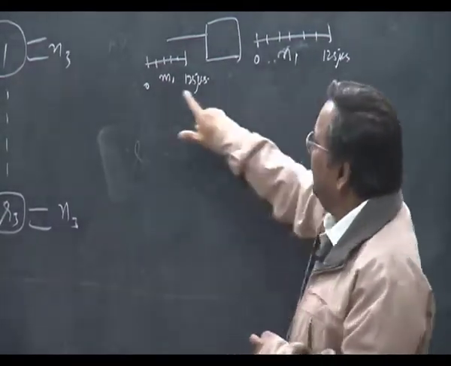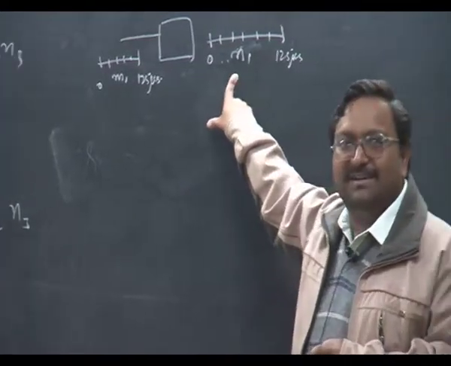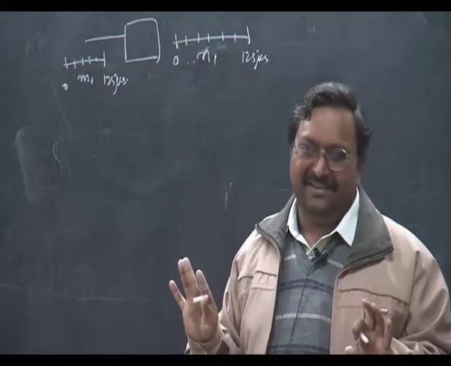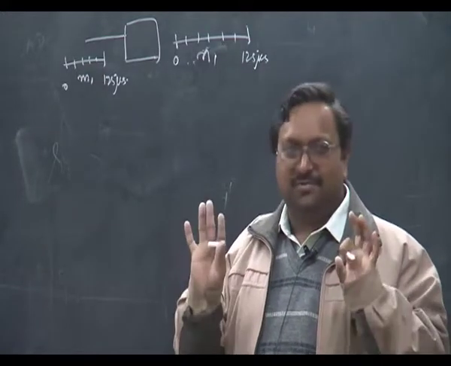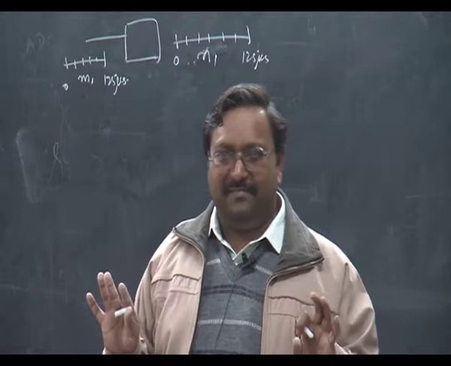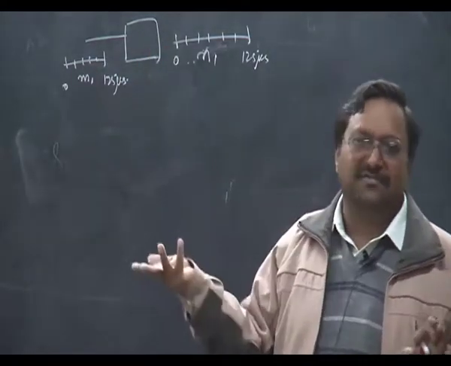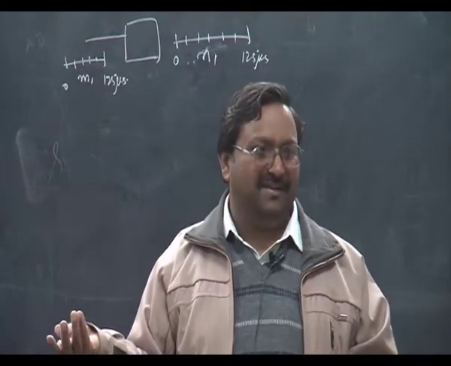Only problem is this: if this M1 is smaller than N1, only M1 slots will be occupied, remaining will be free. That is possible, switches are implemented that way. And if this N1 is smaller than M1, some of the slots have to be dropped, those connections cannot be made.